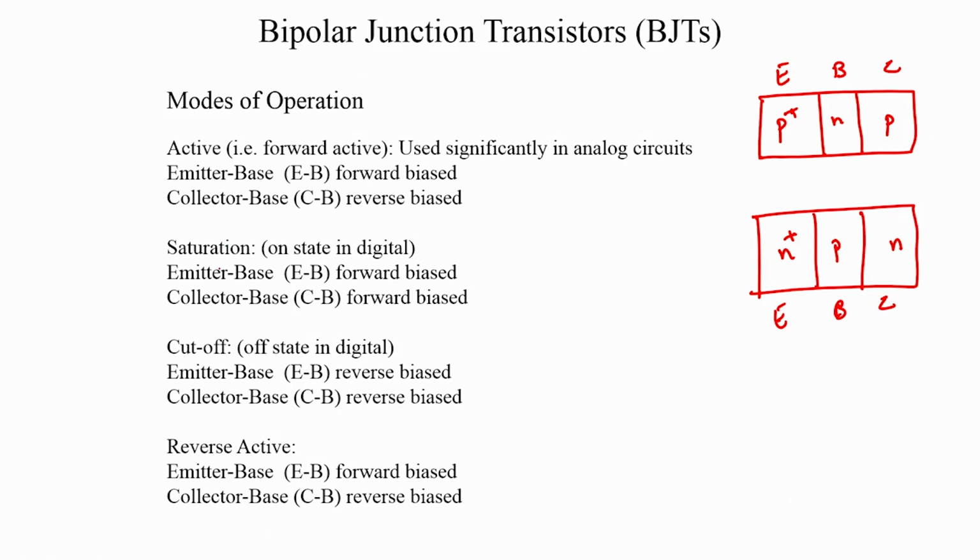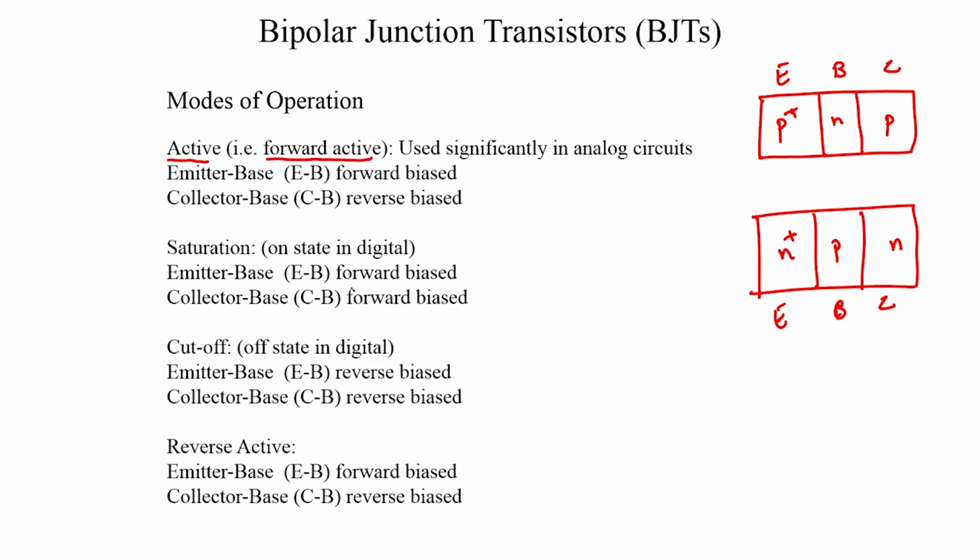The first is the active mode, which is more appropriately called the forward active mode of operation, and this mode is used in amplifier circuits. If you were to use the BJT as an amplifier in any analog circuit, you will probably be using this mode of operation quite a bit.